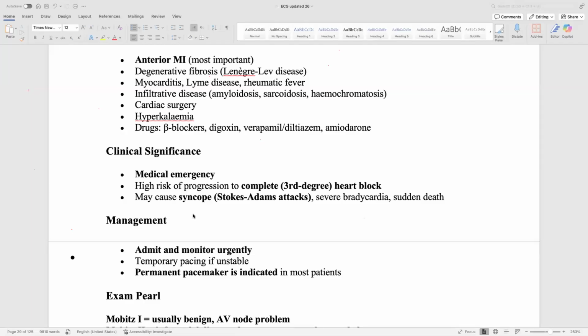It will just take the role for a few hours if the doctor catches it and treats it. Otherwise, it will stop working. It will lead to asystole.